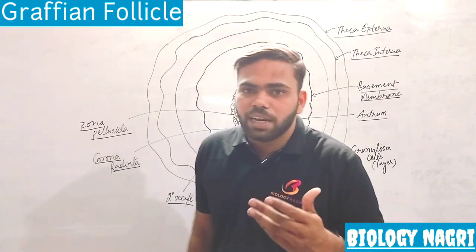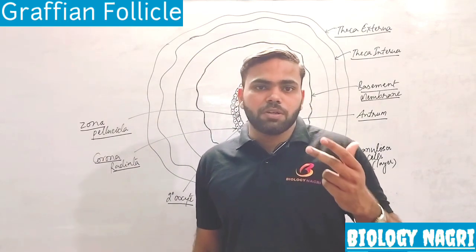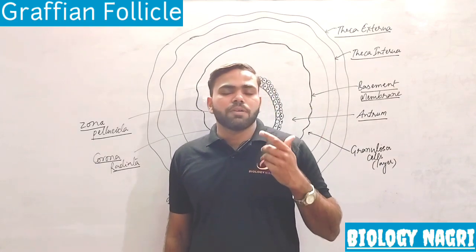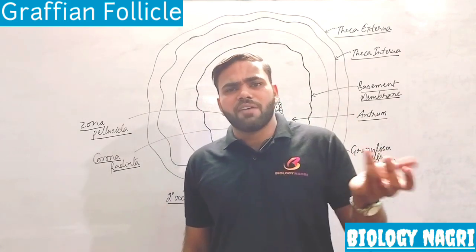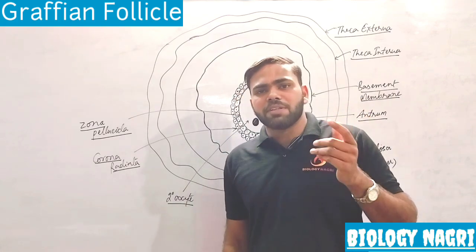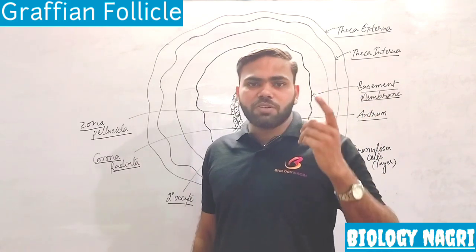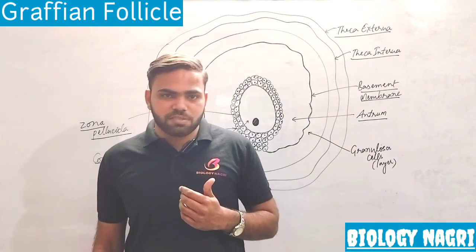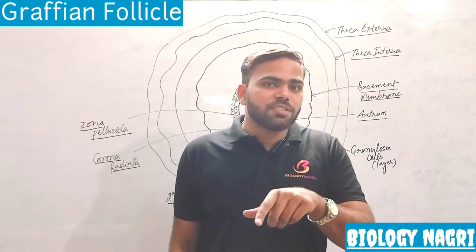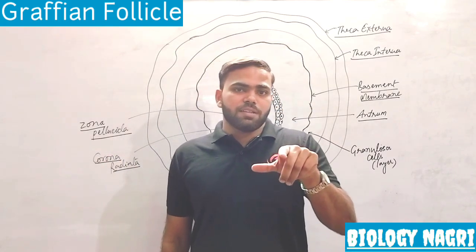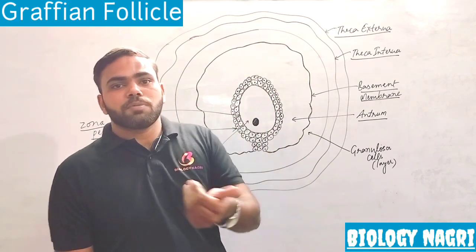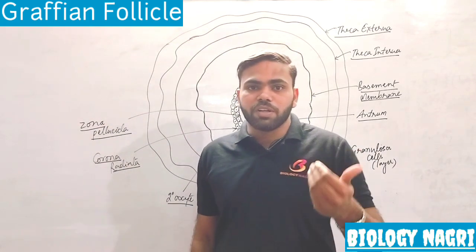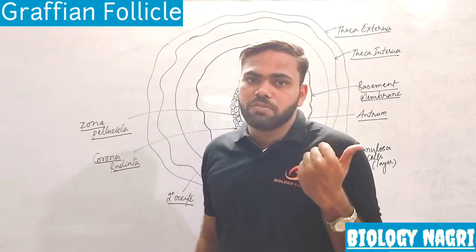Until the placenta forms, the progesterone released by the corpus luteum maintains the pregnancy. After the placenta forms, there is no tension, because the placenta itself releases progesterone, which helps maintain the pregnancy.